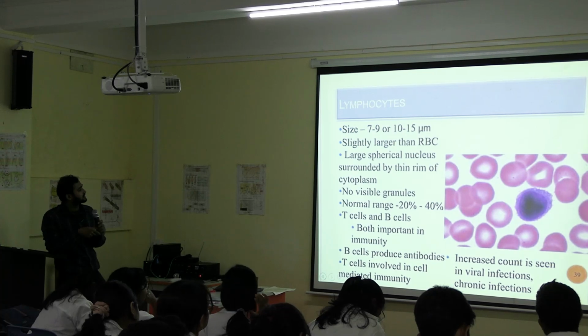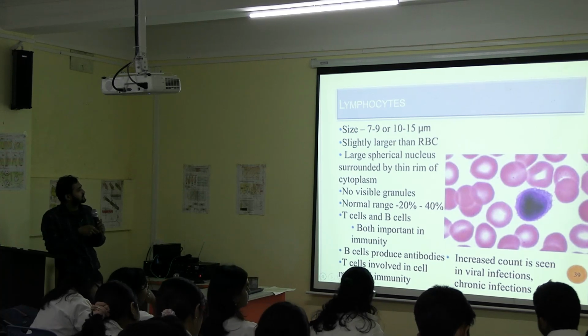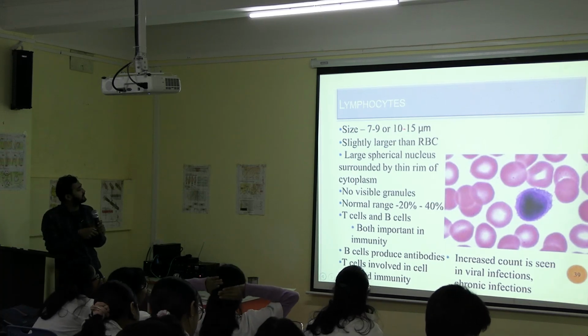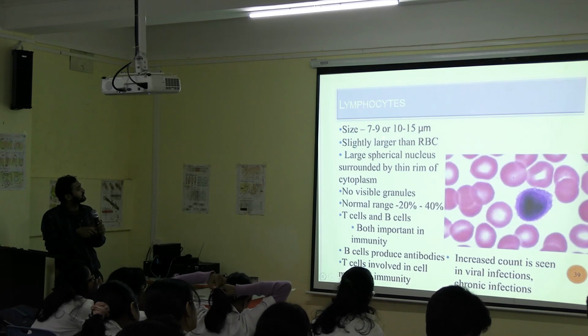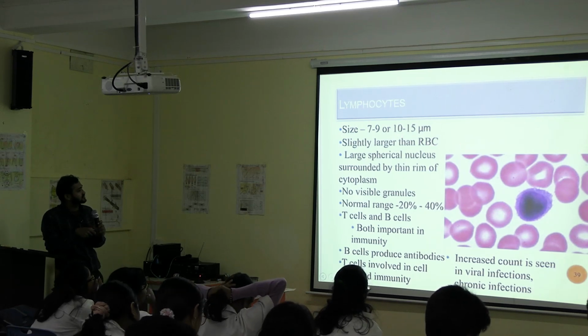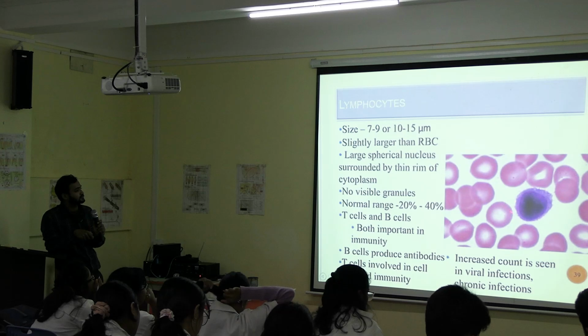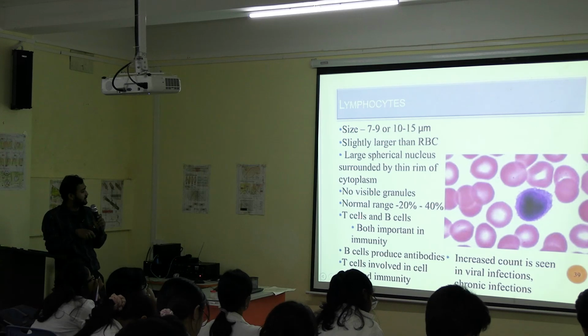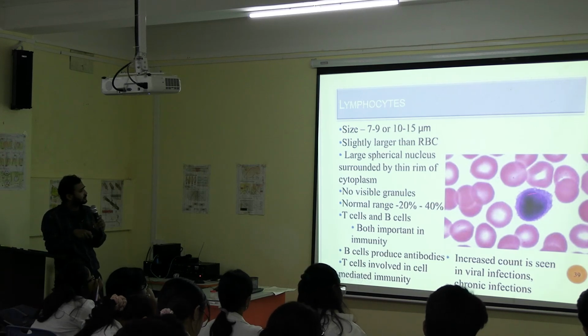And the lymphocytes, they are small and large. So this is the size, it may vary. 10 to 12, 15 micron, slightly larger than the RBCs. The smaller ones will be closer to the RBC size. A large spherical nucleus surrounded by a thin rim of cytoplasm. There won't be any granules. Normally it's 20 to 40%.